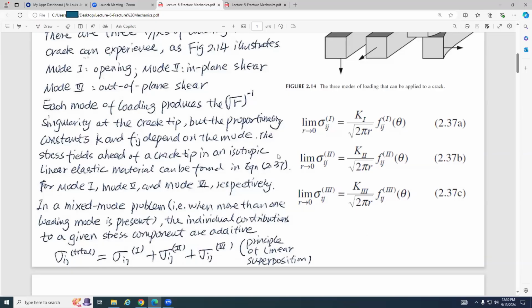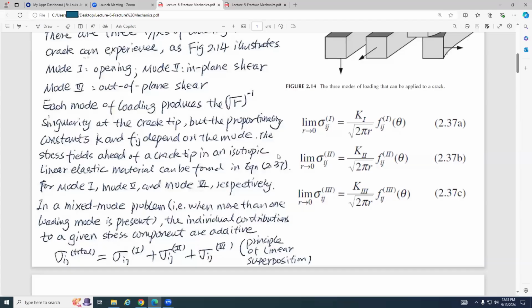And we call them K1, K2, K3. And what are the K1, K2, K3 guys? Stress intensity factors. So you can see these 3 modes can be described using the stress intensity factor along with the square root of 2 pi a and a dimensionless function to describe the stress distribution in the neighborhood of the crack tip.